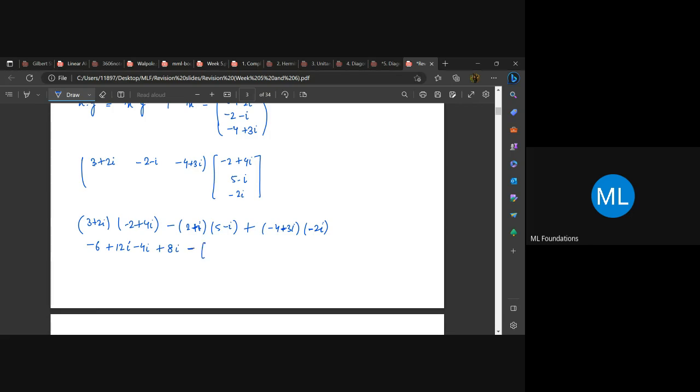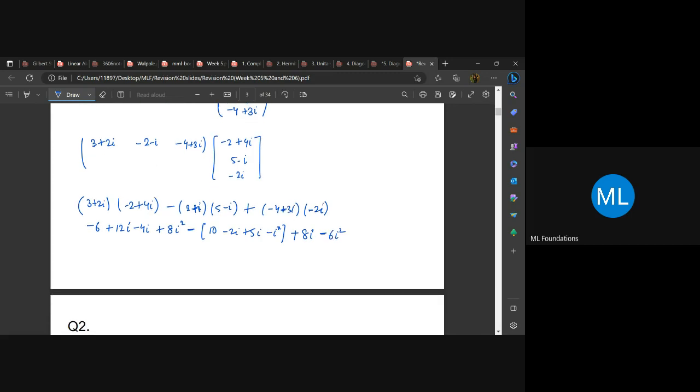Then minus you have 10 minus 2i plus 5i minus i square. Then minus i square, 6i square, right? What do you get? You get 6 minus 8.